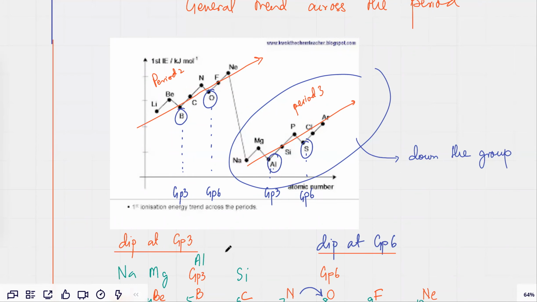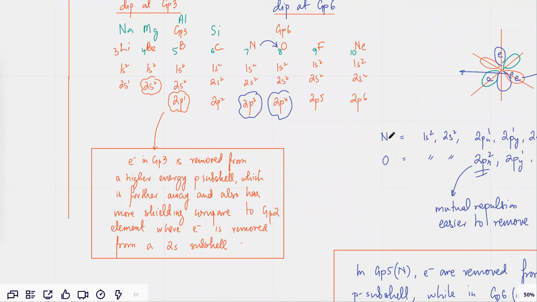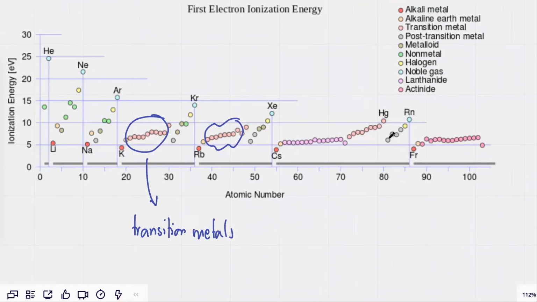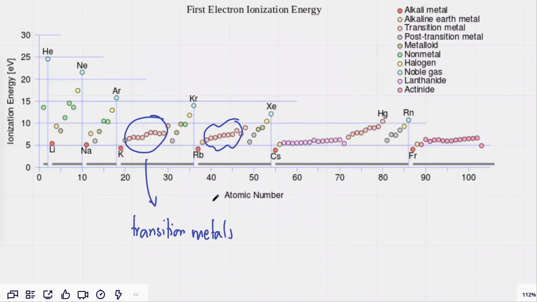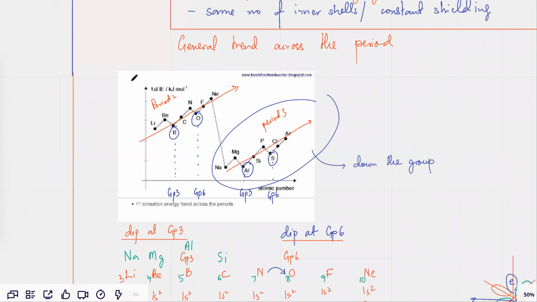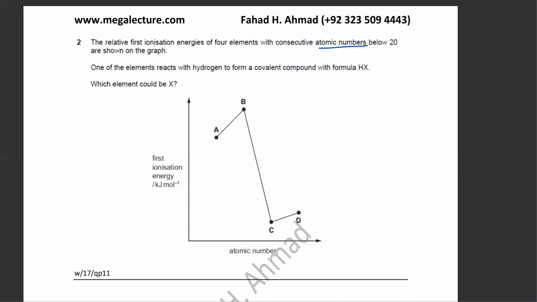I drew another graph as well, with consecutive protons, always a dip once you reach group 0, and in the next period the same trend repeats. So which part of this consecutive proton ionization energy graph does this graph belong to?